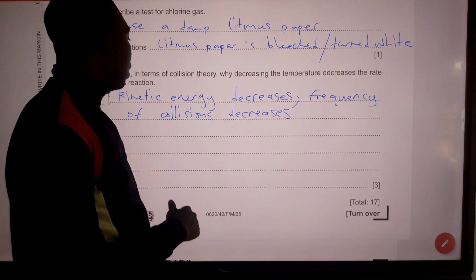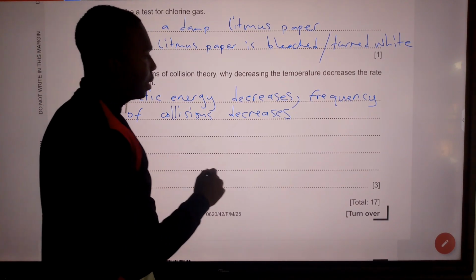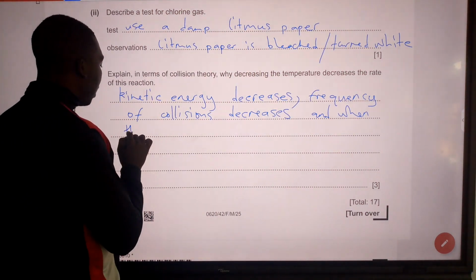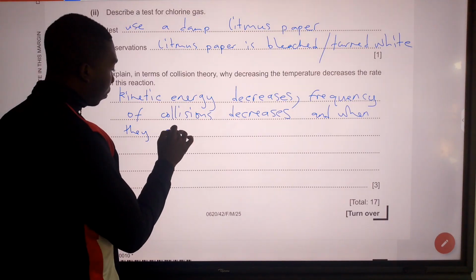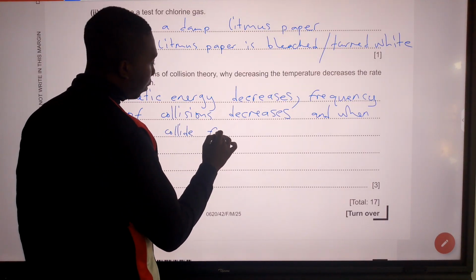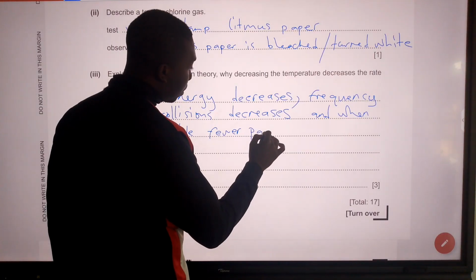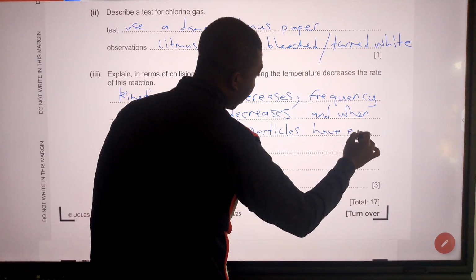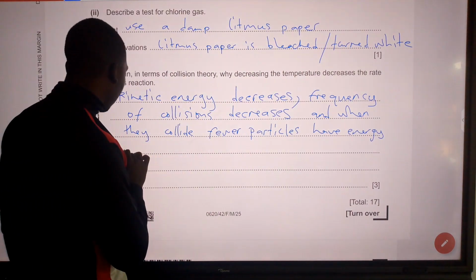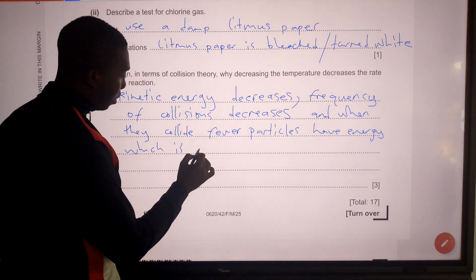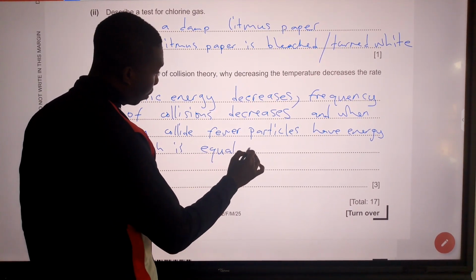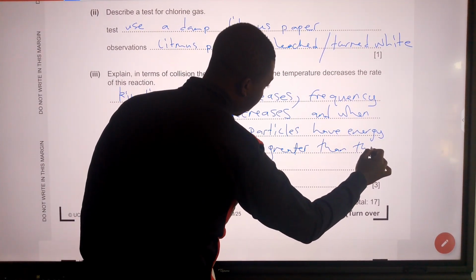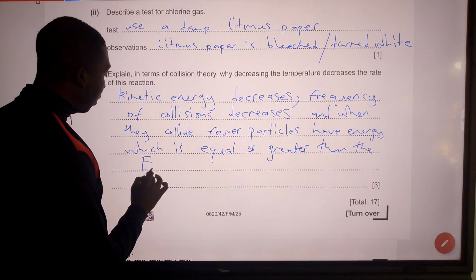And again, the frequency of collisions decreases, and when they collide, fewer particles have energy which is equal to or greater than the activation energy.